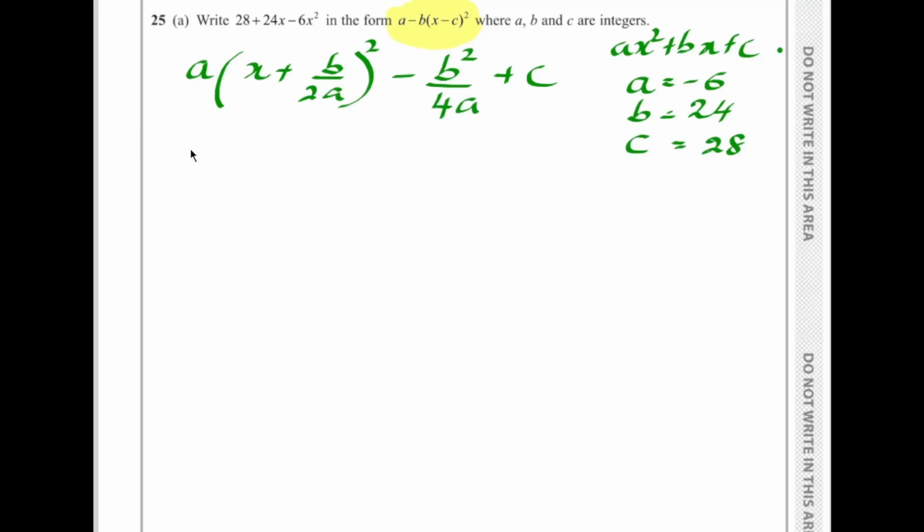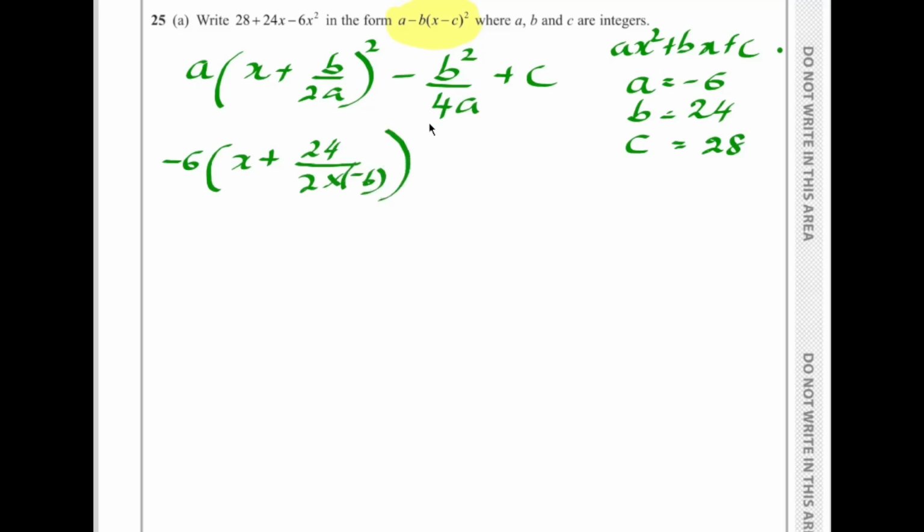So A, in my case, is minus 6. x is written as it is, plus, no matter what this B is, just write plus. After that B, it is 24, over 2 times A, which is again minus 6.